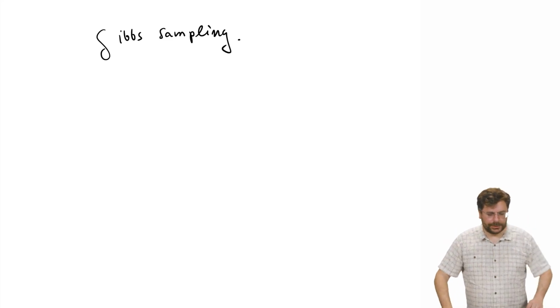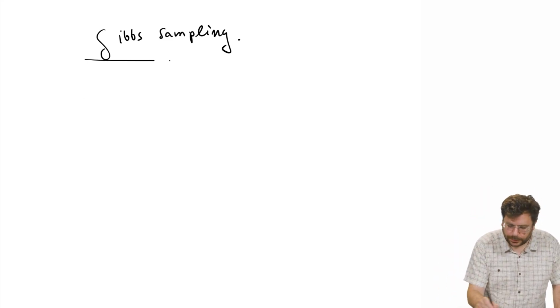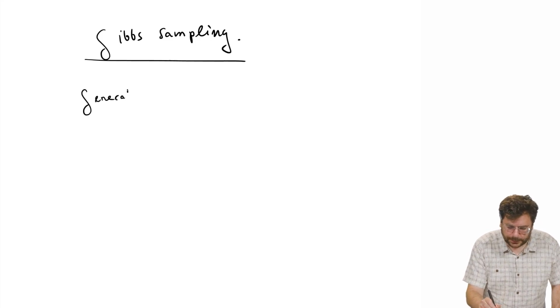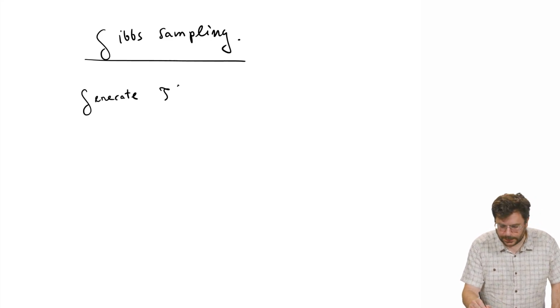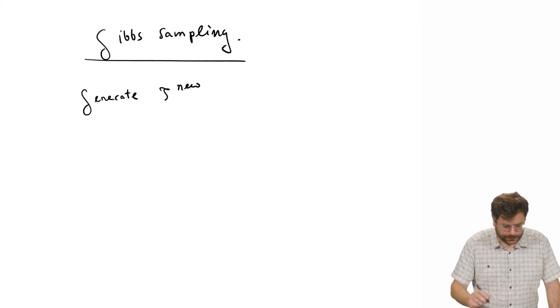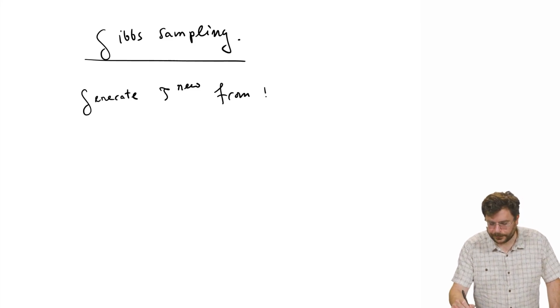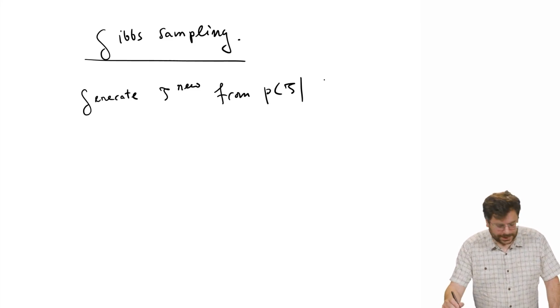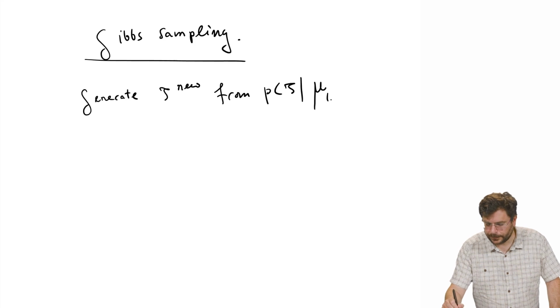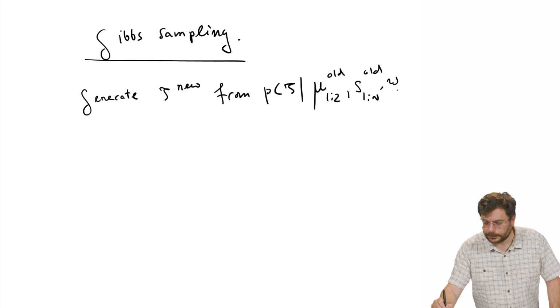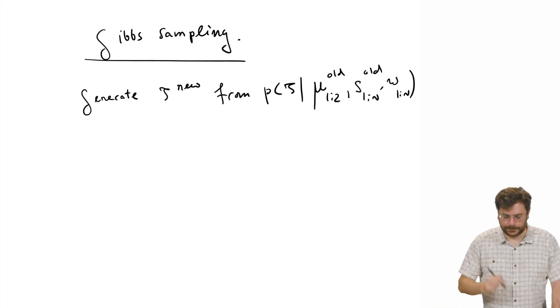So how are we going to do it? Well, we are going to generate a tau nu from P of tau given mu1 to 2 old, S1 to n old, and the data.